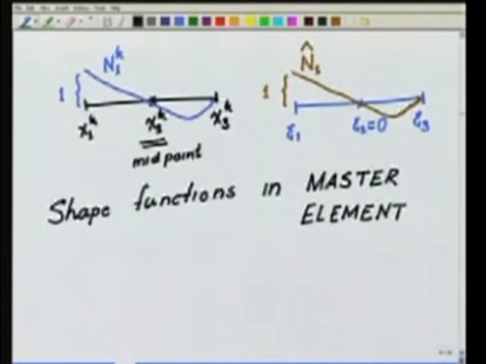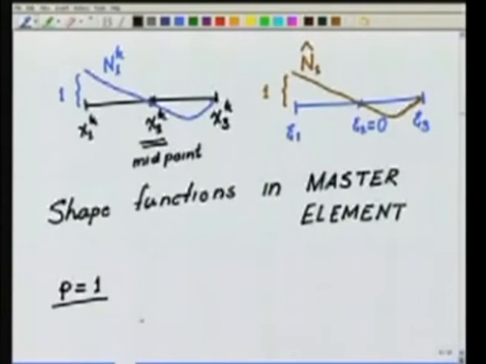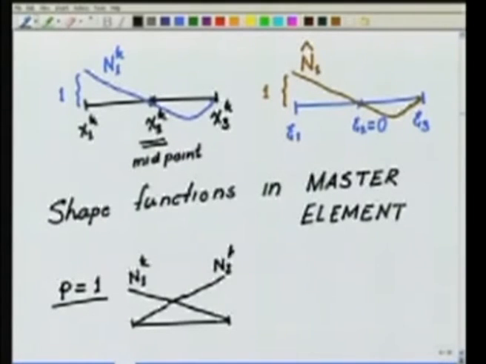First let us look at the linears. How do we define the linears? Linears correspond to p equal to 1, so here we had the physical element, and this was my N1 of k, this was my N2 of k, this was my point x1 of k, this is the point x2 of k.